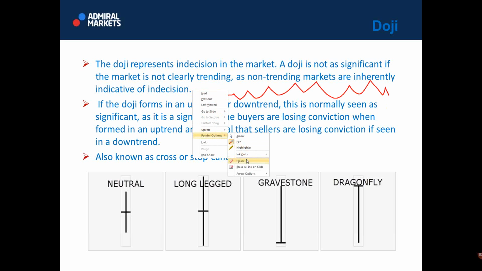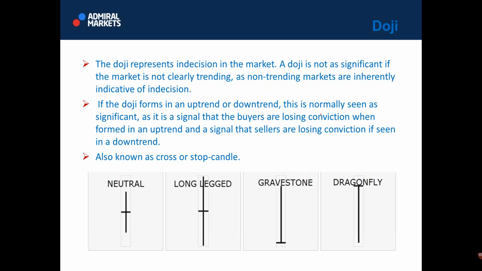If the doji forms in an uptrend or downtrend, this is normally seen as significant, as it is a signal that the buyers are losing conviction when formed in an uptrend, and a signal that sellers are losing conviction if seen in a downtrend. I usually call those patterns cross or stop candles, and if you see that those candlestick formations are close to support or resistance, we are prepared for a reversal.